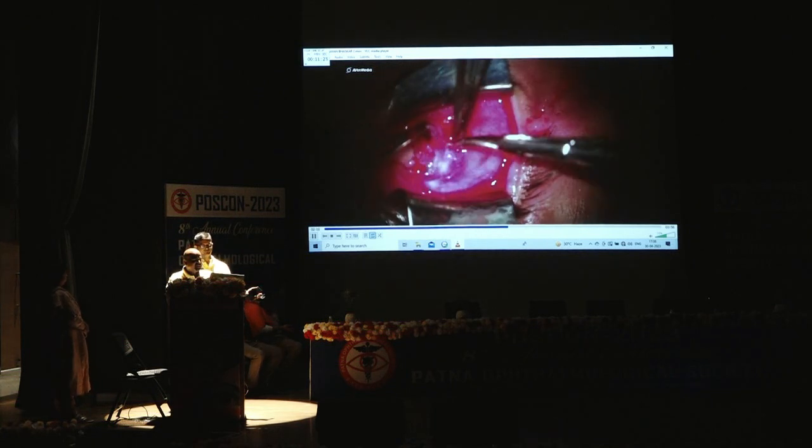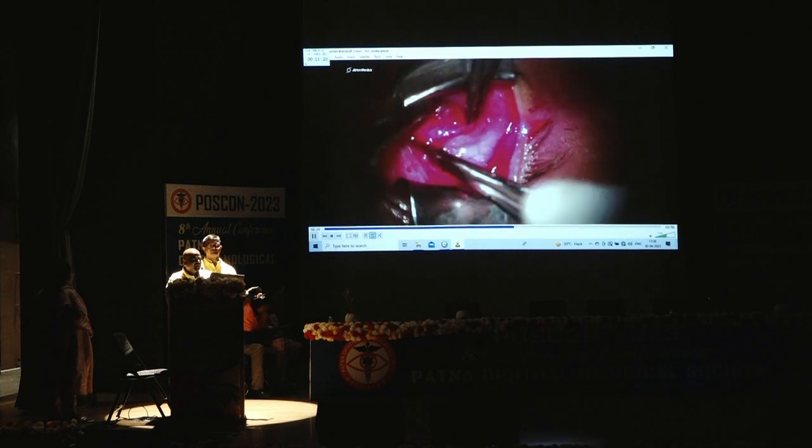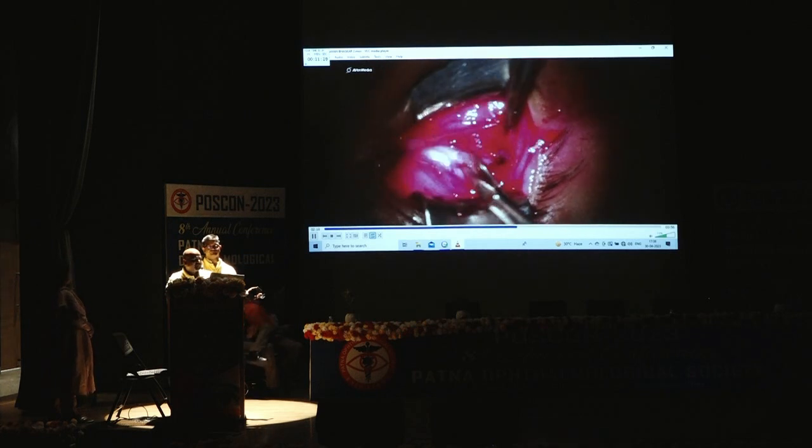So gentle dissection is done to separate the conjunctiva and Tenon 360 degrees.